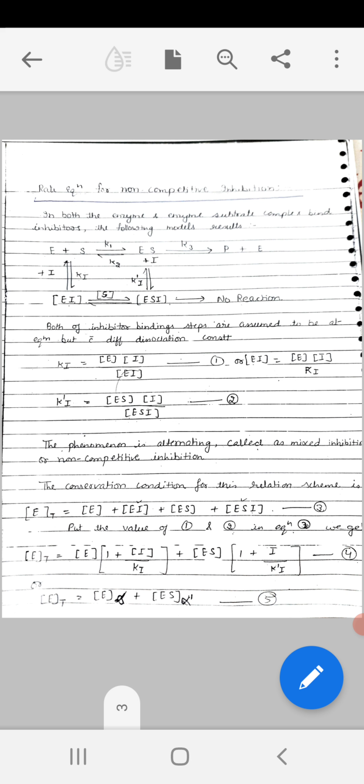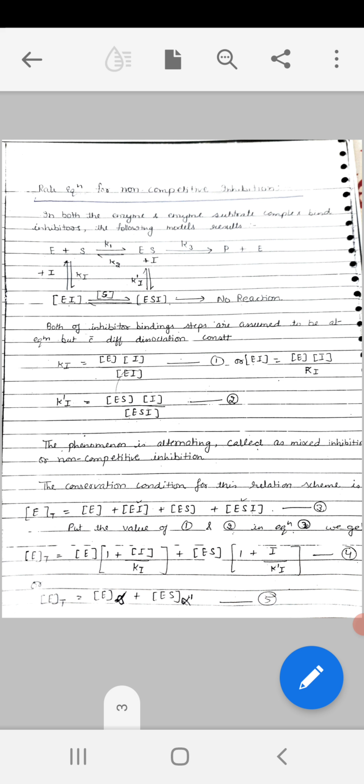Then this EI complex, with a reversible reaction depending upon the substrate concentration, is converted into ESI or back into EI, and ESI gives no reaction. Both inhibitor binding steps are assumed to be at equilibrium but with different dissociation constants.